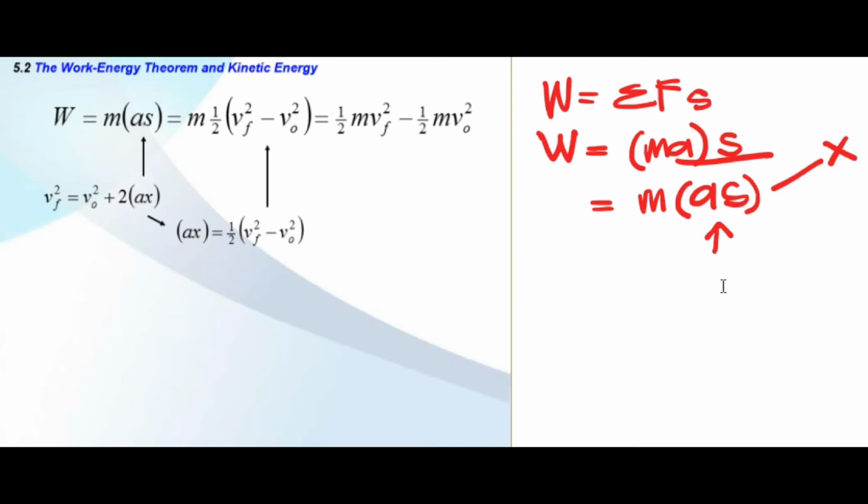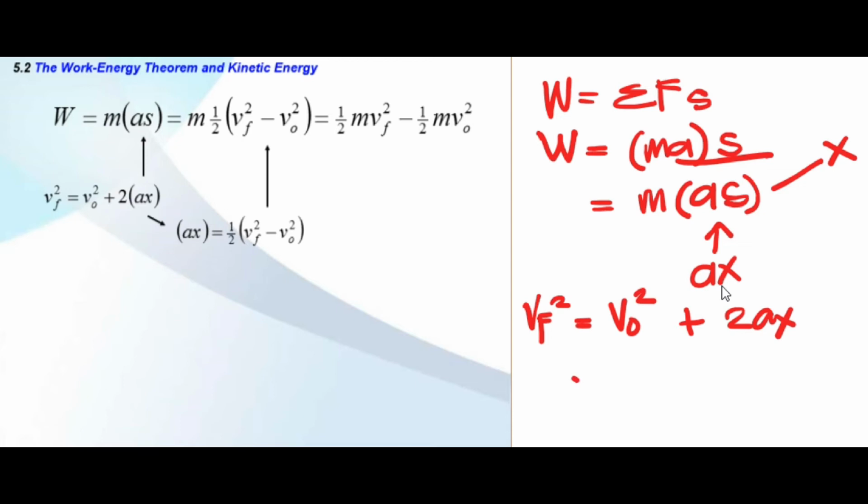Now, in our equation number 4 on kinematic equation, we have Vf squared is equal to Vi squared, or V sub 0 squared, plus 2ax, the product of acceleration and displacement.